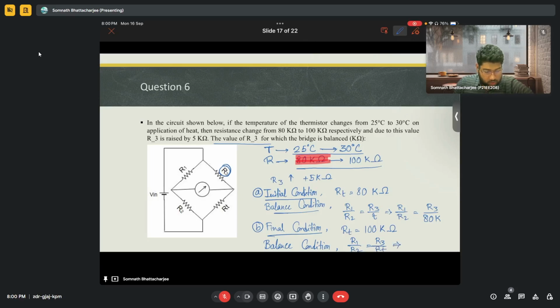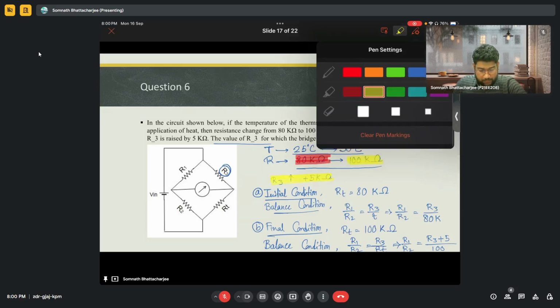So R1 by R2 will be R3 plus 5 by 100. Why is it like this? Because with the increase in temperature, R3 increases by 5 kilo ohms and RT changes to 100 kilo ohms.